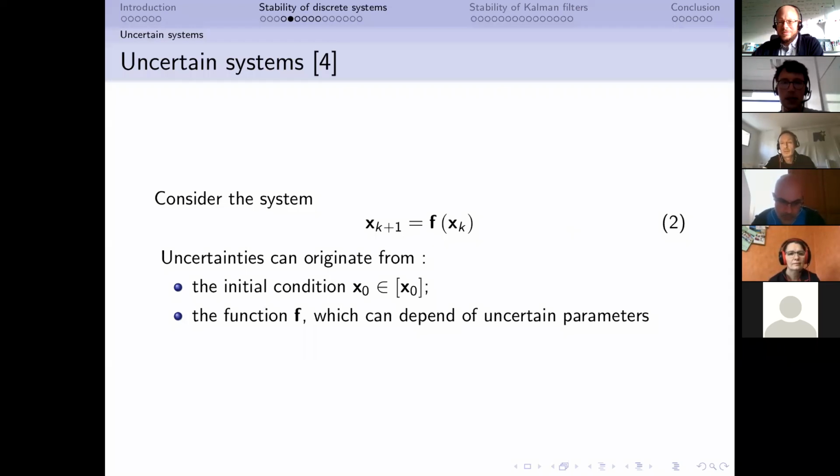And I am verifying the Kalman filter by taking as uncertainty the initial state estimation of the Kalman filter, and also its initial covariance matrix.